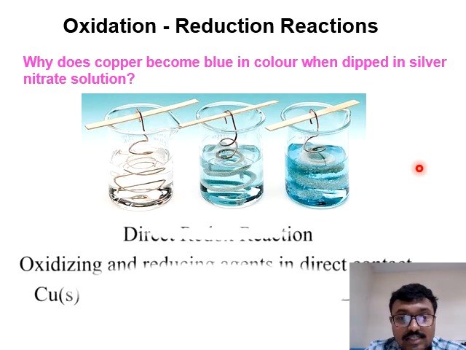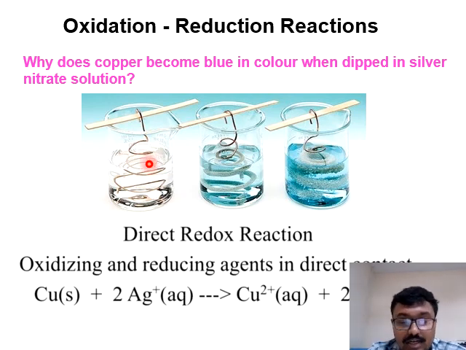In this reaction, copper is a metal rod and in silver nitrate solution, Ag+ is present. Now copper releases electrons, those electrons are taken by silver, and copper becomes Cu2+ and silver becomes Ag0. When Cu2+ is in solution, we know it will show blue color, right?